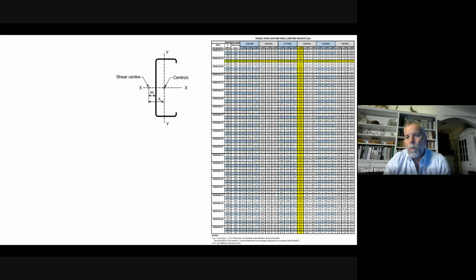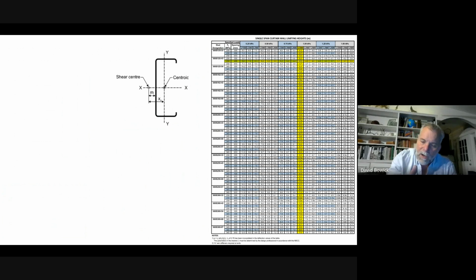And then within each wind load, there's a column header that describes the performance expectation. So L over 240, L over 360, L over 600. Those are the allowable deflection under the wind load. So where I've got the column that's highlighted, you can see I've calculated my wind load 1 kPa.